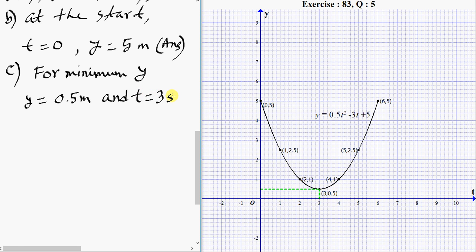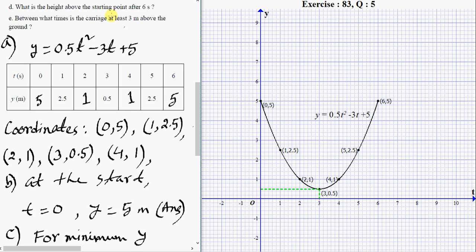Question D, what is the height above the starting point after 6 seconds? So starting point is here, when time is 0 the height was 5 meter, and after 6 seconds the height is also 5 meter.